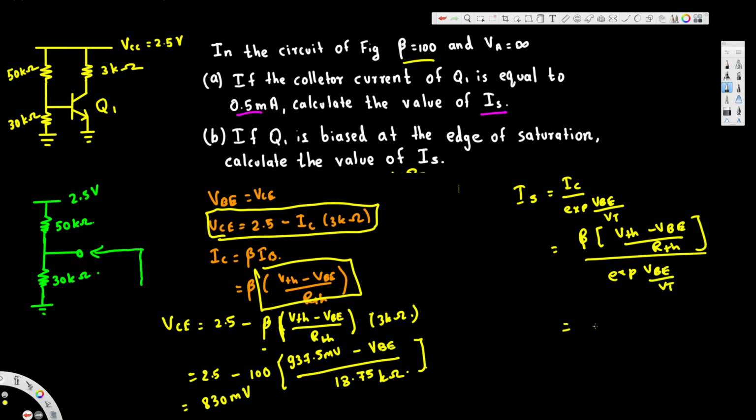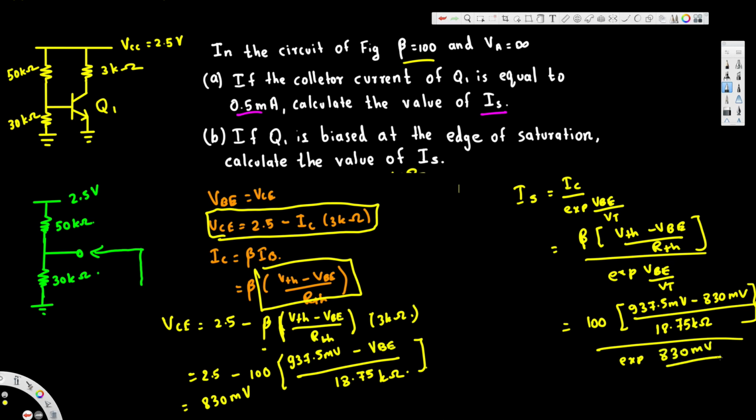Let's plug in all the values. 100 times VThevenin, 937.5 millivolts minus 830 millivolts, divided by RThevenin, that is 18.75 kilo ohm, divided by exponential VBE, 830 millivolts, over VT, 26 millivolts, and this is equivalent to 7.84 times 10 to the power of minus 18 ampere, and this is the IS current.